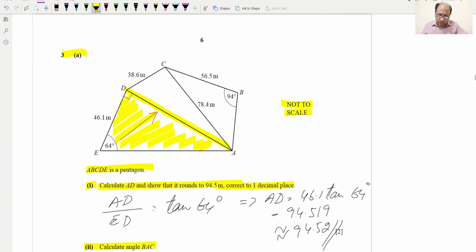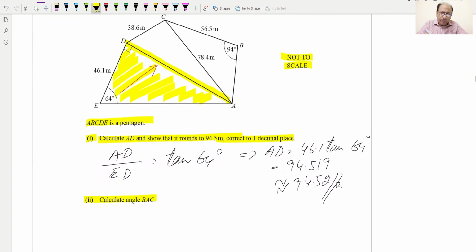Now we need to identify BAC. BAC angle is which one? BAC angle is this one. So we need to find this angle. We have one side and an angle, and we have this side. We can find this angle by sine rule.